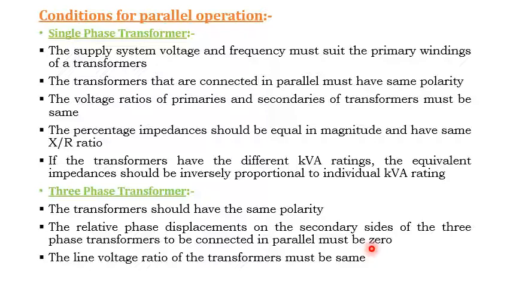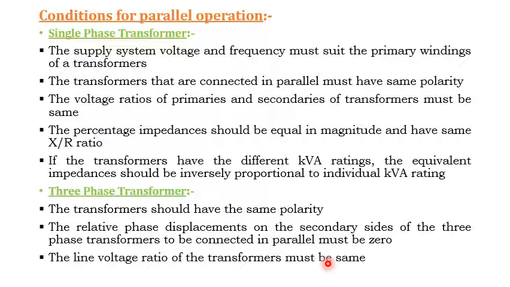So those phase displacements on the secondary side, if you consider, both the transformers' phase displacement should be the same. If I consider the phase displacement of transformer A is 30 degrees, or you can say phase shift, and transformer B phase shift is minus 30 degrees, in that case, we just consider the difference in that.